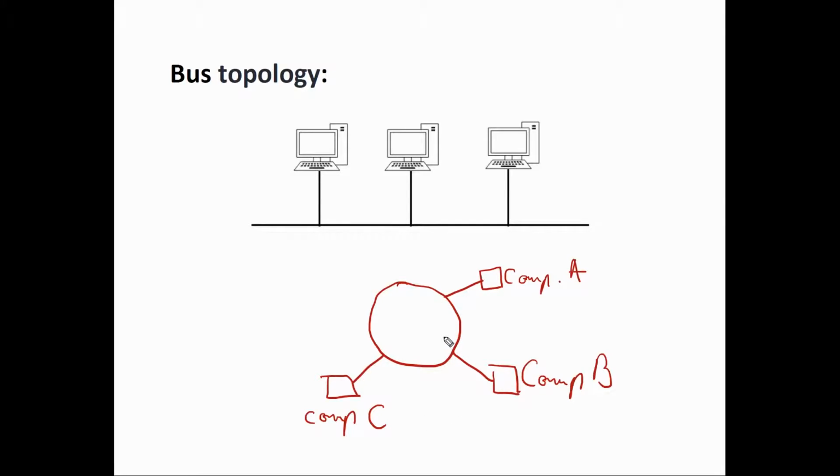Everyone is connected to the same cable in our case, and everyone can see everyone, everyone can talk to everyone. Let's say that company B will be able to see what company A is doing. Maybe it will also be able to intercept some kind of traffic.